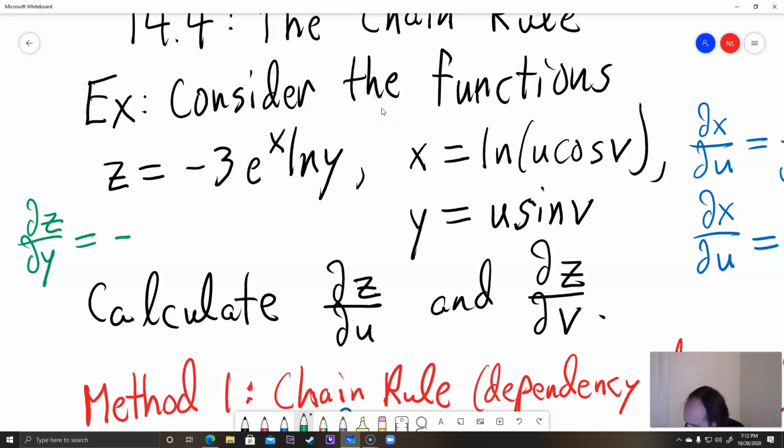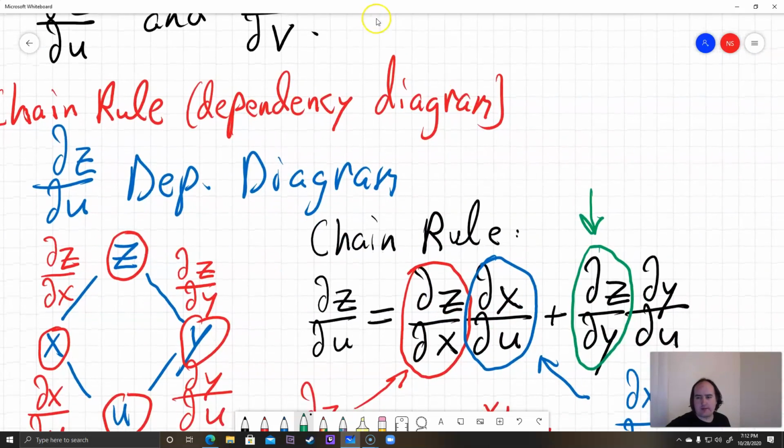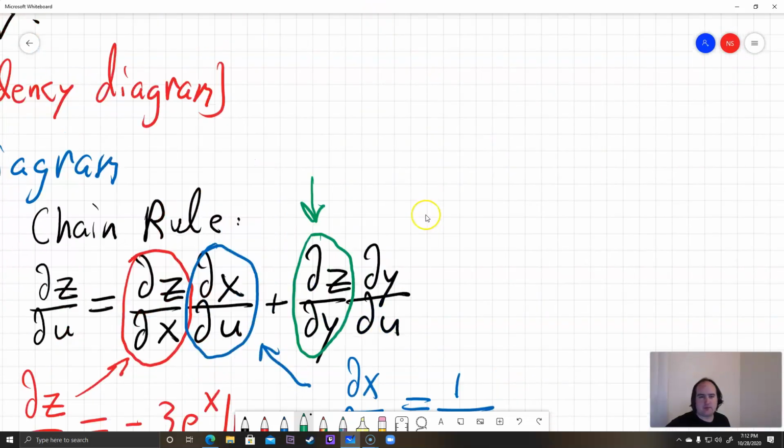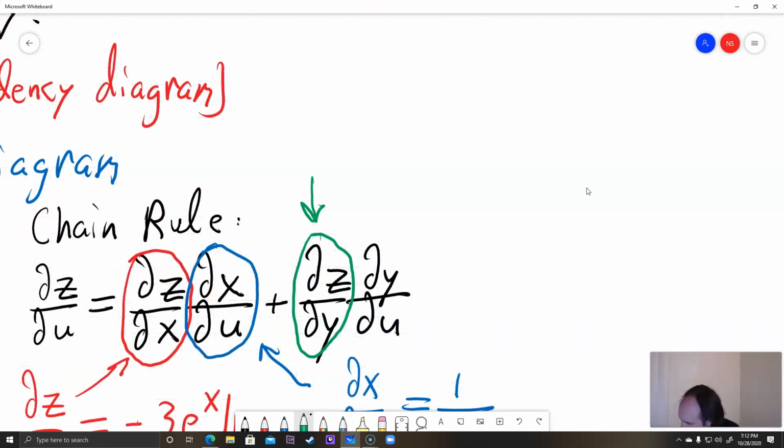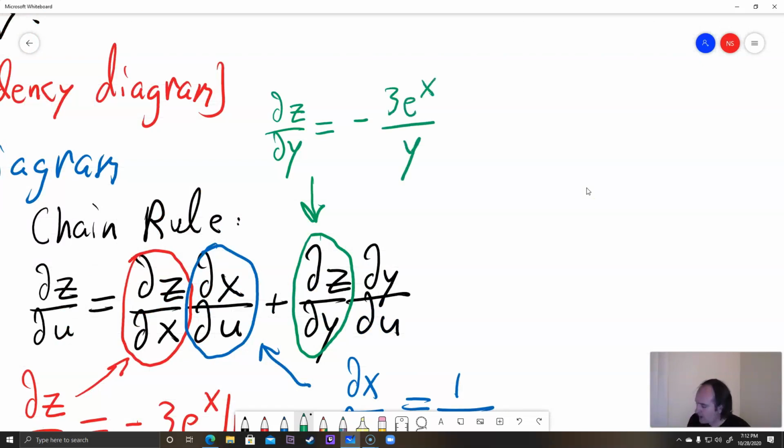So this is going to be negative 3 e to the x, because that's all constant, times 1 over y. So we're going to have negative 3 e to the x over y. Okay, so partial z partial y equals negative 3 e to the x over y.